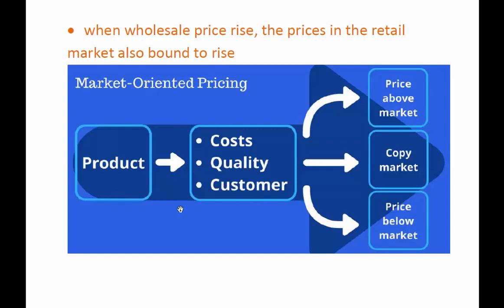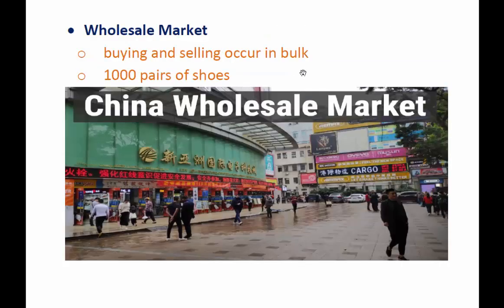Okay, and another type of market is the wholesale market. We have learned something about the retail market. In the retail market we get small items, but in the wholesale market, buying and selling occur in bulk. You do not get a small item. You cannot buy a single pair of shoes in the wholesale market.